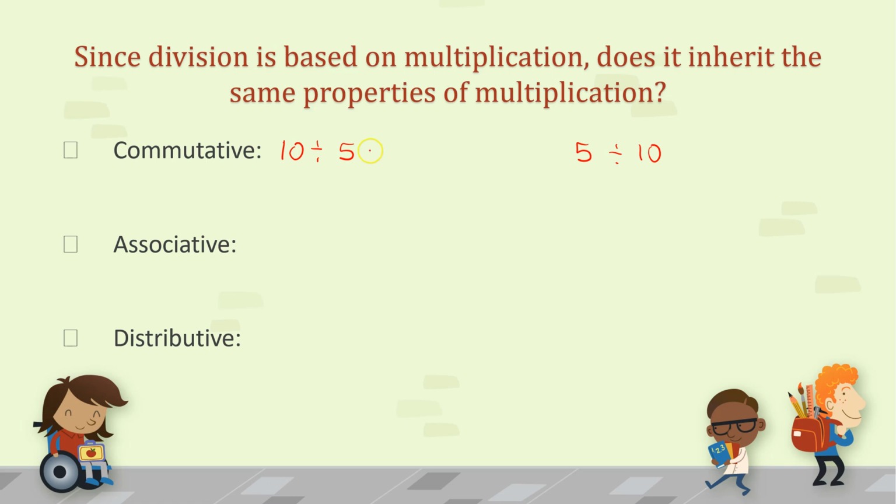Well, 10 divided by 5 we know is 2, because 5 times 2 is 10. 5 divided by 10 is blank if 10 times blank is 5. What goes in that blank? A half. A half of 10 is 5.